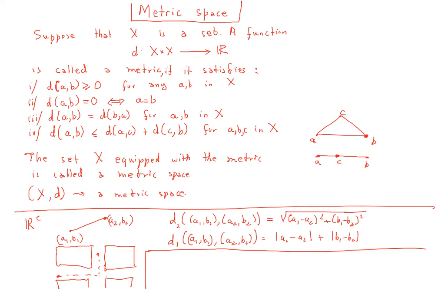And this is the metric that assigns to a pair of elements of our set the number 1 if A is different from B, and 0 if A is equal to B. Again, the proper way to describe this is as a discrete metric, because there are other metrics that can have a very similar effect.